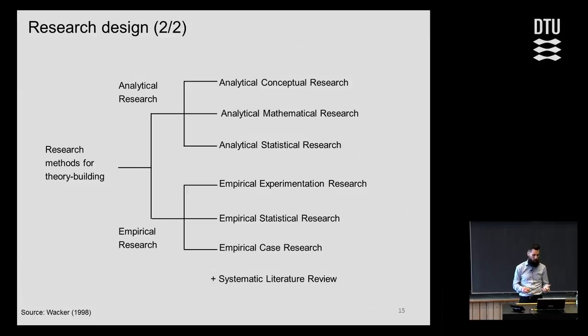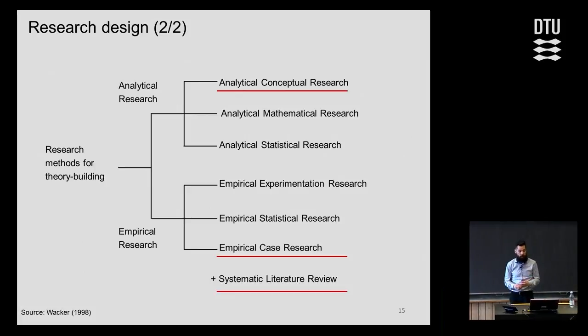According to Wacker, who defines theory as it is understood within the OM literature field, he mentions this list of 6 different methods for doing theory-building research. In addition to these 6 is the systematic literature review, which is in many places the beginning point for developing new theory.